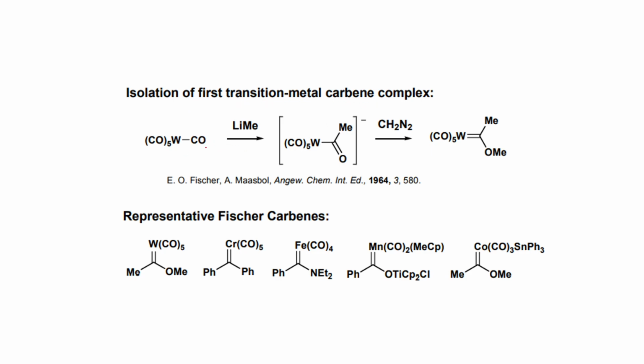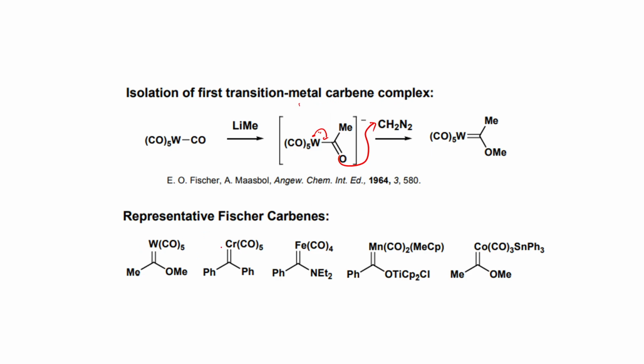So this is an example of isolation of the first transition metal carbene complex. So that was actually isolated. With tungsten carbon monoxide and methyl lithium, when it is reacted, you end up with this kind of moiety, and when it is reacted with diazomethane, it ends up with formation of this kind of thing. This was first observed, and it's the actual example of the first transition metal carbene complex.